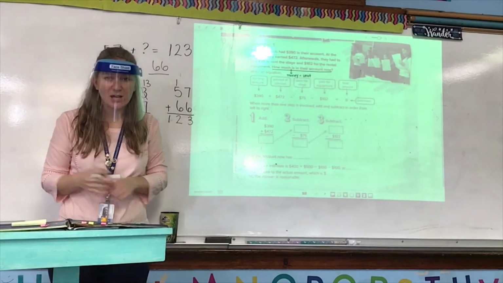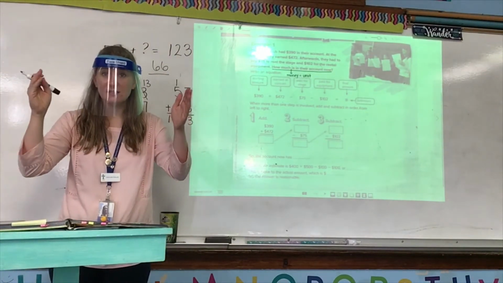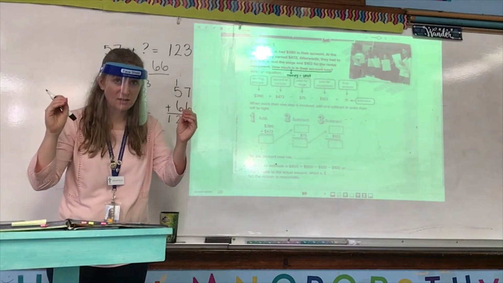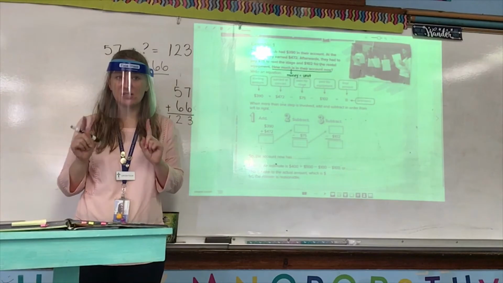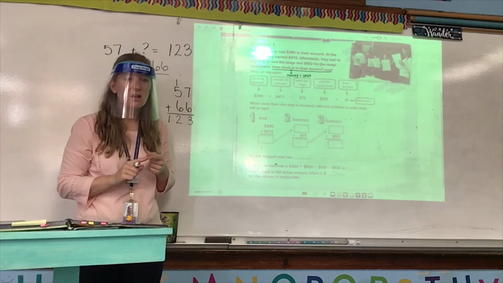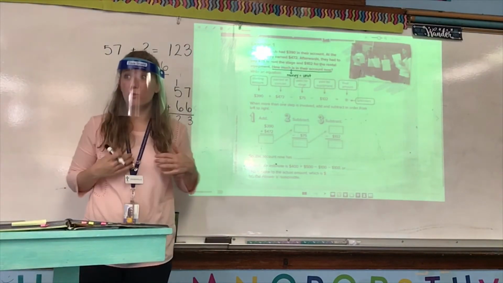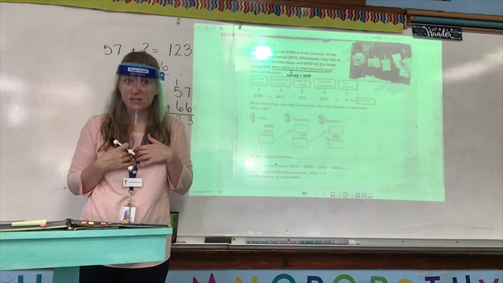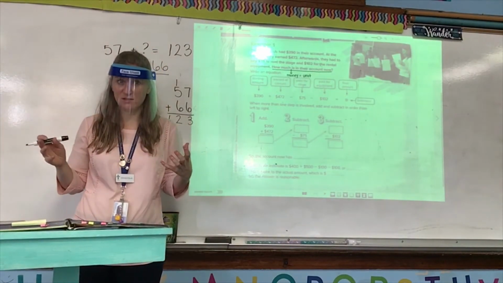So now we know, as we reread this problem, we're looking for everything that tells us money. Since this is going to be a multi-step problem, we also need to look for words that tell us, did they get this money? Did they end up with more money after this event? Or did they end up with less money at the end of this event?